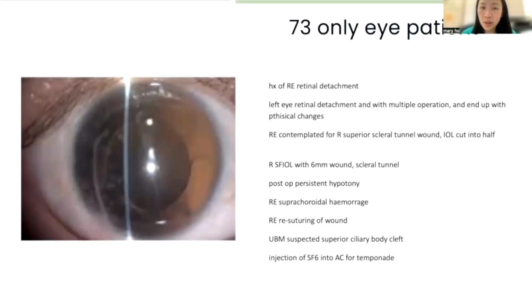So the corneal colleagues helped us put in SF6 gas injection into the anterior chamber, and eventually the eye's pressure built up gradually. Currently the visual acuity is 20/40.